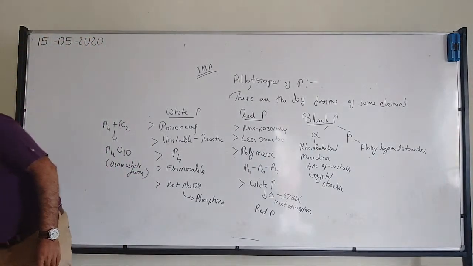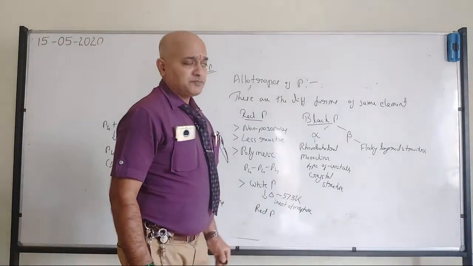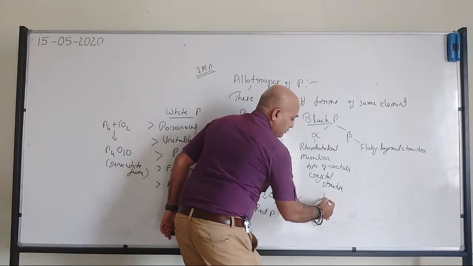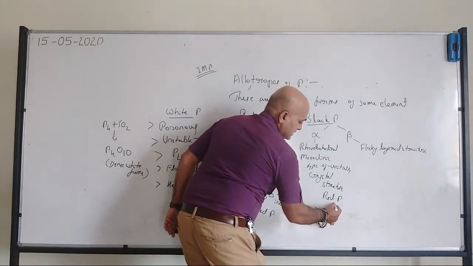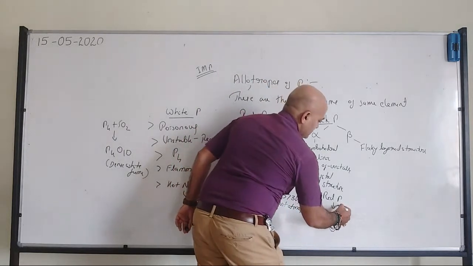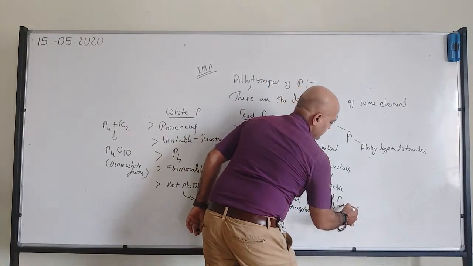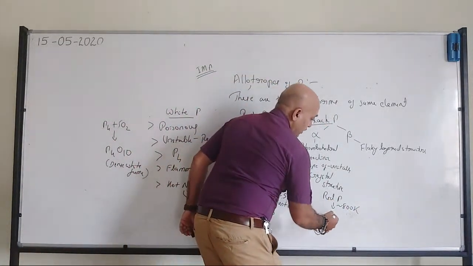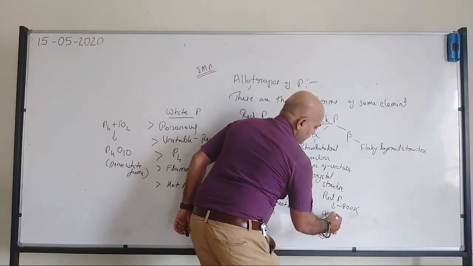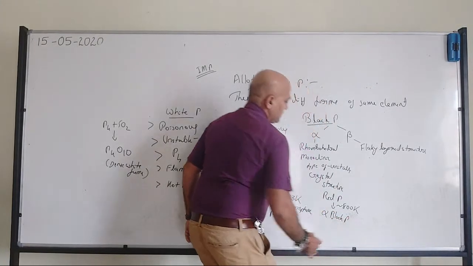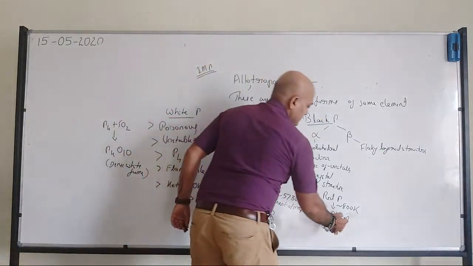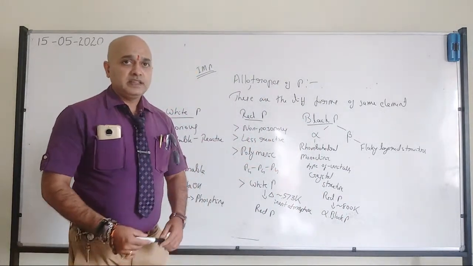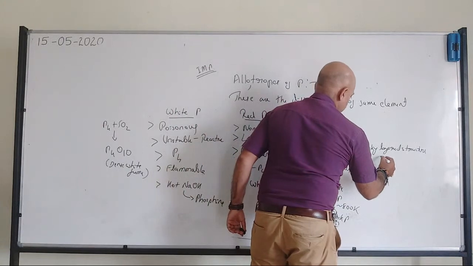Fine. Now same way it is applicable for black phosphorus also. Now when it comes to alpha black phosphorus, it will be formed when red phosphorus is heated to approximately 800 Kelvin in a sealed environment. So alpha black phosphorus is derived from red phosphorus.